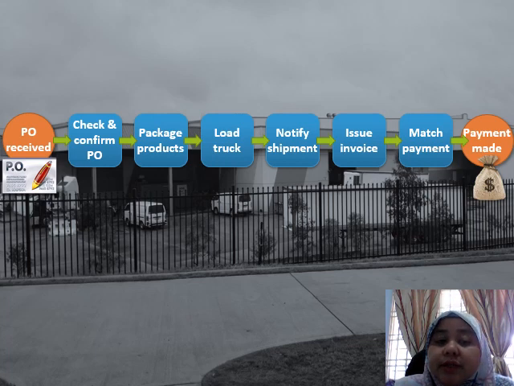Contohnya purchase order received. So diterima dokumen purchase order has an input. And then organisation akan check and confirm the purchase order. And then package the product. Ini semua business process. Load truck, masukkan barang-barang yang telah di-package tadi tu dalam truck, and then start notify for delivery.